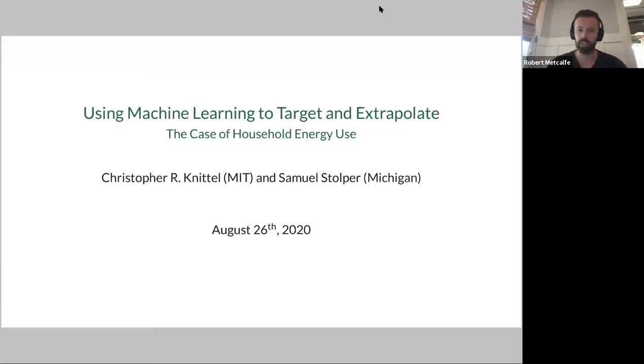He's currently the Associate Editor of the AEJ Economic Policy, the Journal of Industrial Economics, and the Journal of Energy Markets. I'm very happy to have Chris today because his work and this paper is very close and dear to my heart.